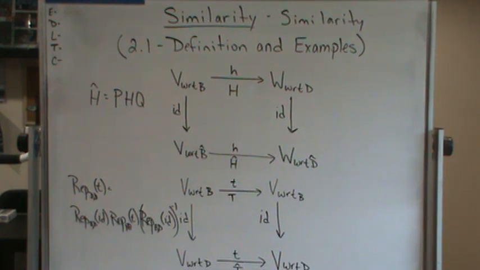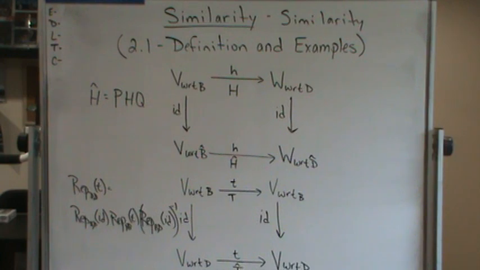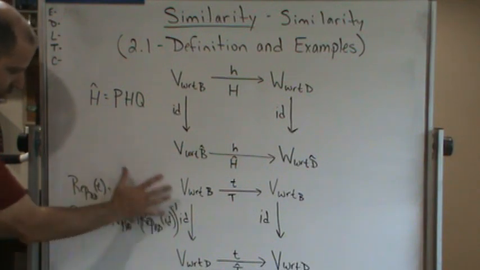So basis B and basis D are the same. And we're also staying within the same vector space. Okay?